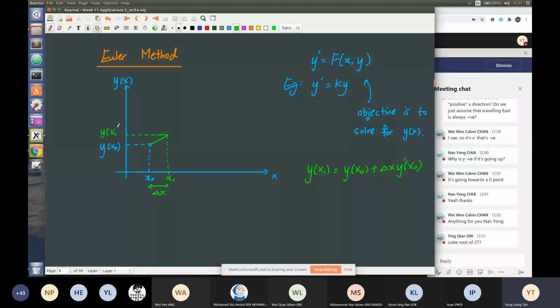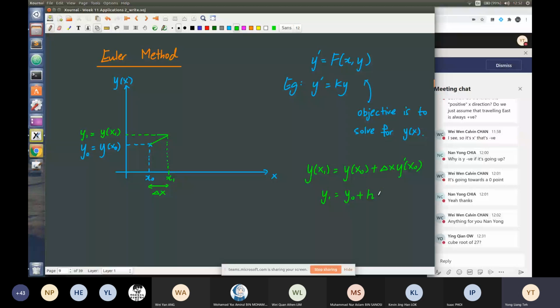So if I call this y naught, and I call the green guy y1 in short, what is my recursive formula? Let me write down: y1 equals y naught plus this delta x. I can call it h, usually we call it h, which is just some small change in x, same as in your limits.